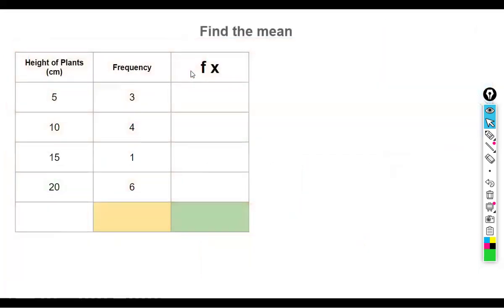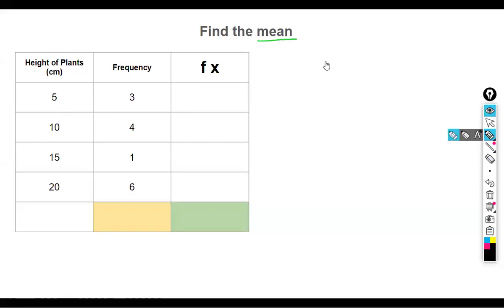All right, so here's the thing, right? What we're going to do now is find the mean of this information here, the mean. I want everyone to draw this table. You see, what we were doing all the time was raw ungrouped data. You notice this time the information is in a nice little table.